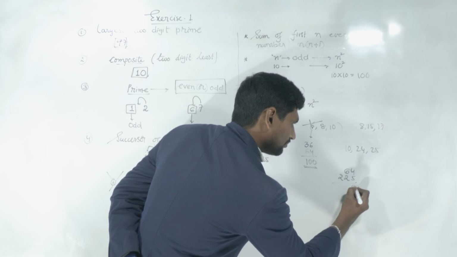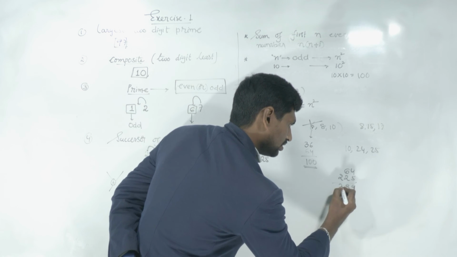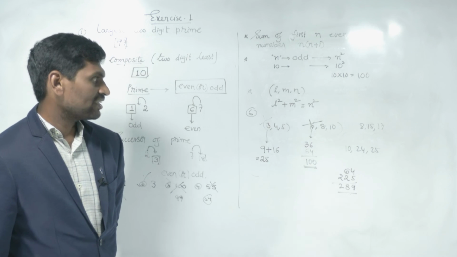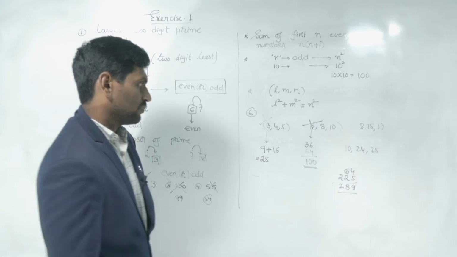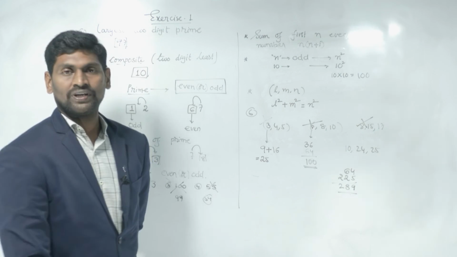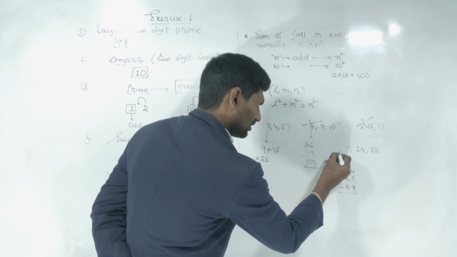Add both of them, 289. 289 is 17 square. So it is also a Pythagorean triplet, so not our answer.